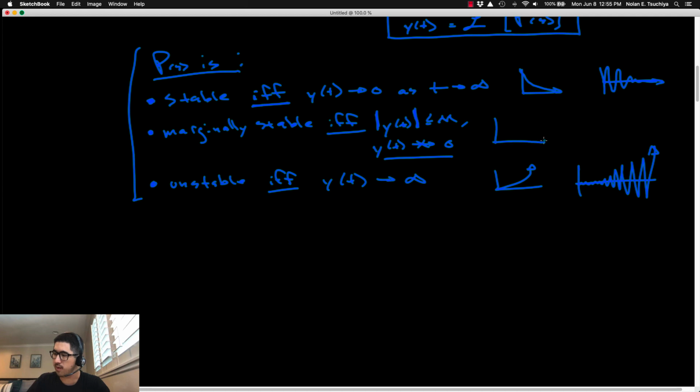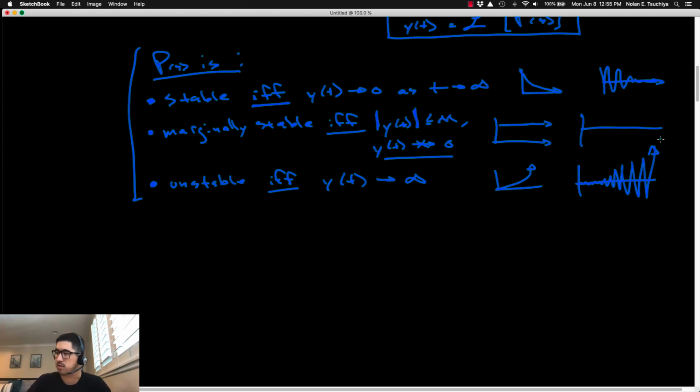One example of that is the inertial case. If you have an object floating in space and you give it a little tap, the velocity output of that object is constant forever, right? The velocity never diverges, but it never comes back to rest either. So you get a constant output. That's marginally stable.